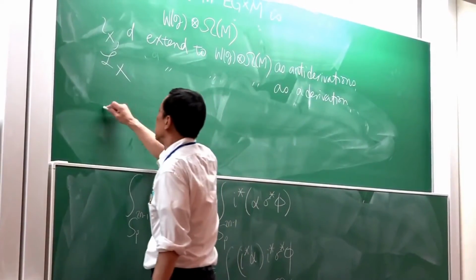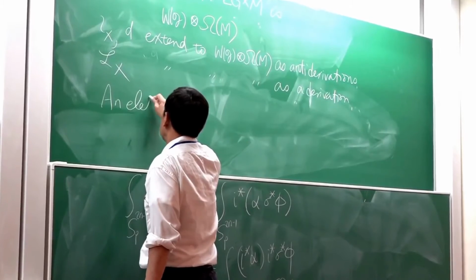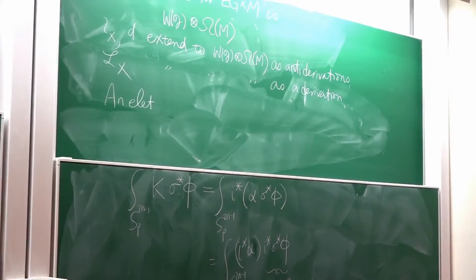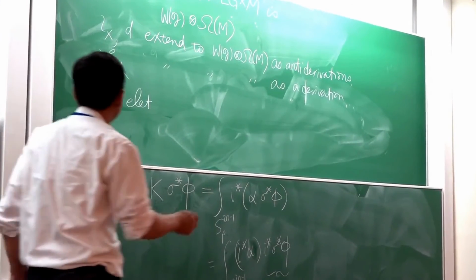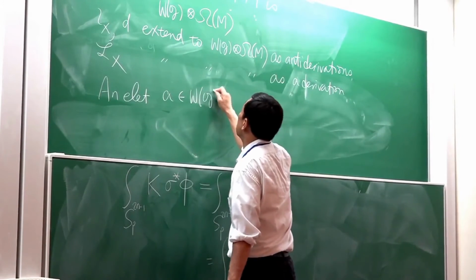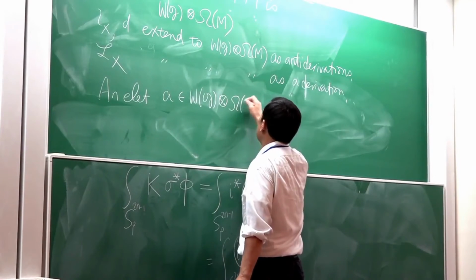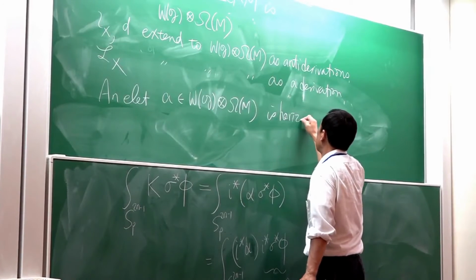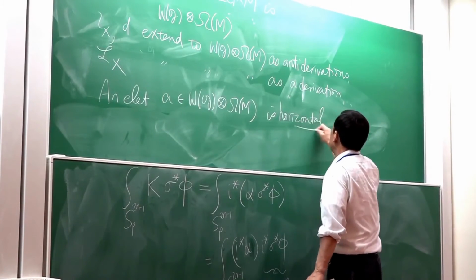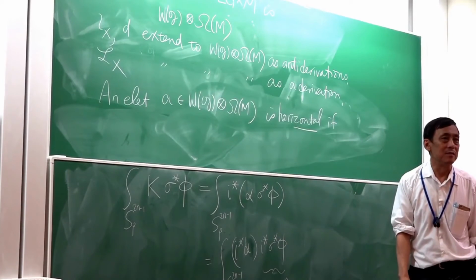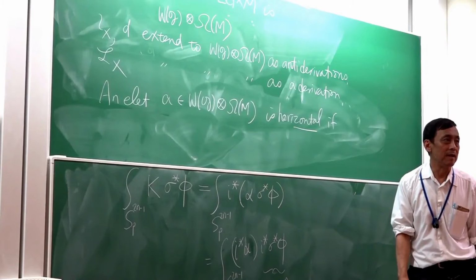And then an element A in the tensor product is horizontal if, what's the condition for an element to be horizontal?